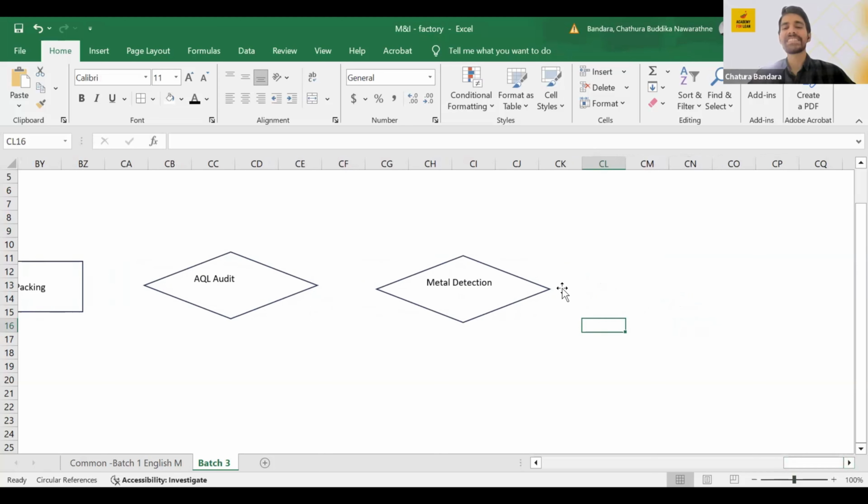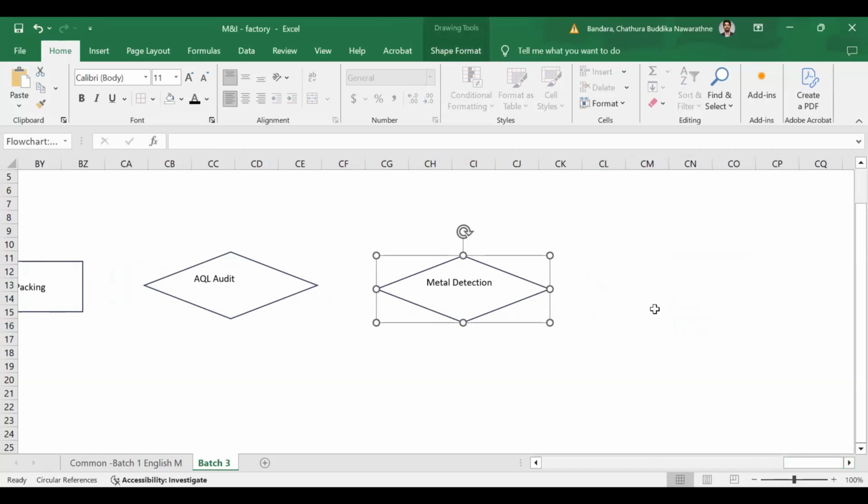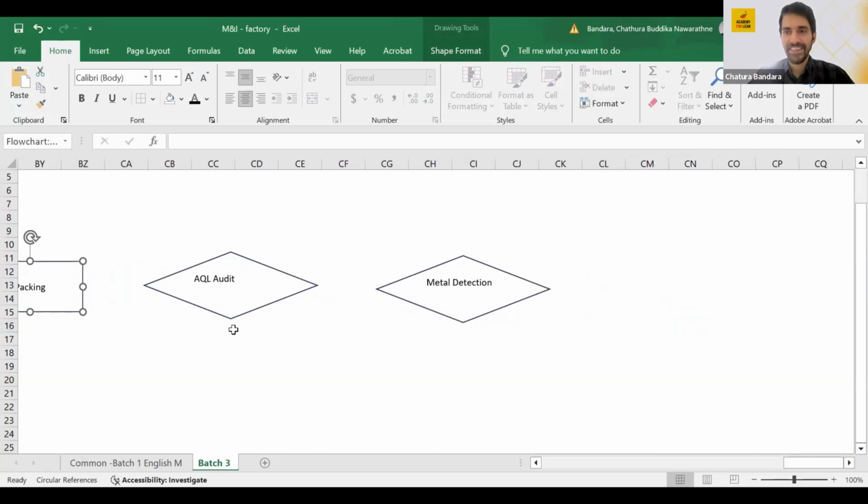So after metal detection, cartooning. Yes, Anuradha? Cartooning. Okay. I don't know how other factories do it, but basically we are doing cartooning.